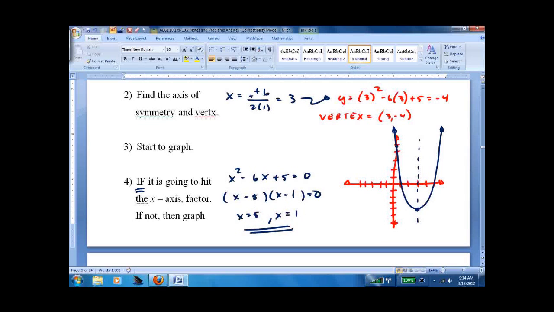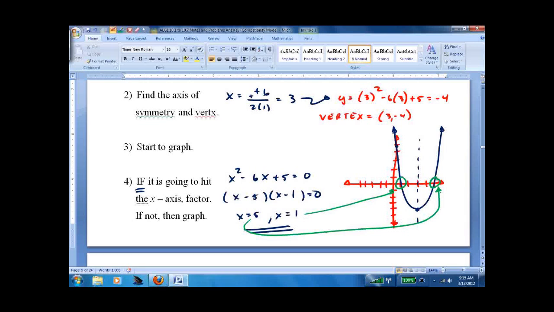Which I had obviously done in my head because it hits here at x equals 1, x equals 5. So I knew what I was doing. There it is.